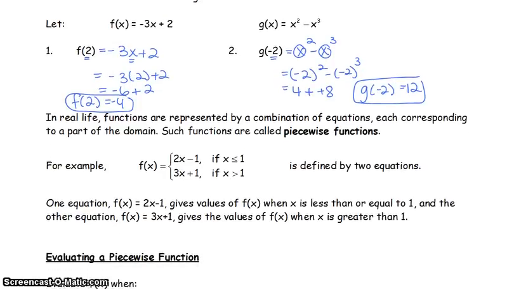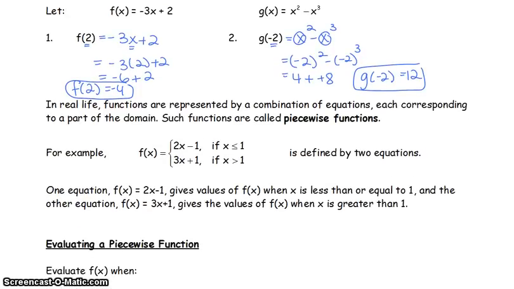We're going to use that idea for our piecewise functions. In real life, functions are represented by a combination of equations, each corresponding to a part of the domain. Such functions are called piecewise functions. So for example, our new f of x is 2x minus 1 when x is less than or equal to 1.